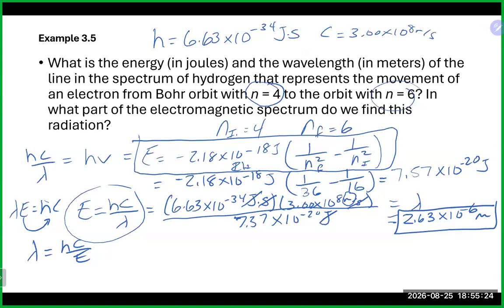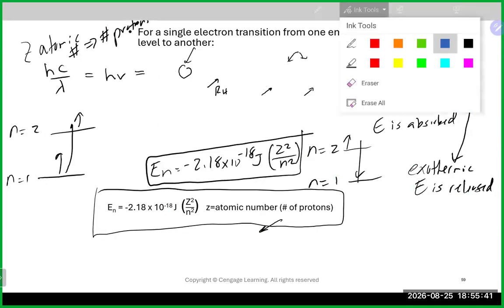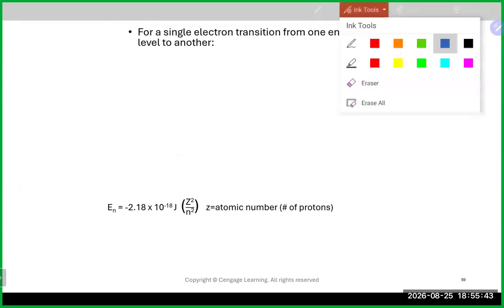The 7.5 times 10 to the minus 20? Yeah. So I'll just clear it here. Basically, this is what we had, right?